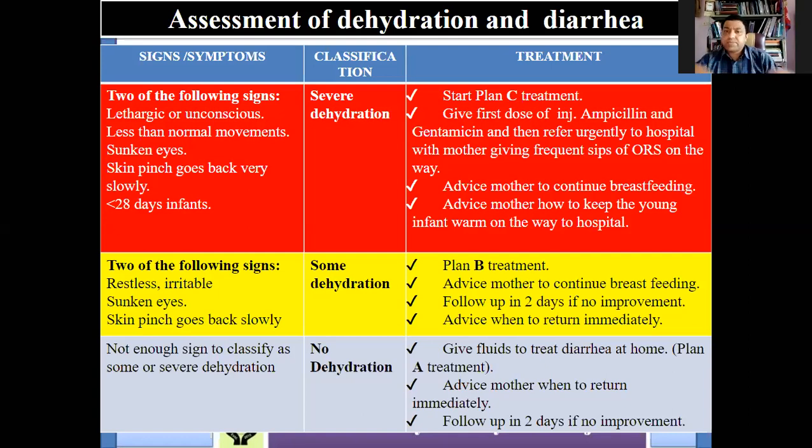If there are not enough signs to classify as some or severe dehydration, then diarrhea with no dehydration, initiate plan A. Plan A means home management of diarrhea based on fluids available at home, and ORS. Advise mother when to return immediately and follow up in 2 days if no improvement. So this is about diarrhea with dehydration.